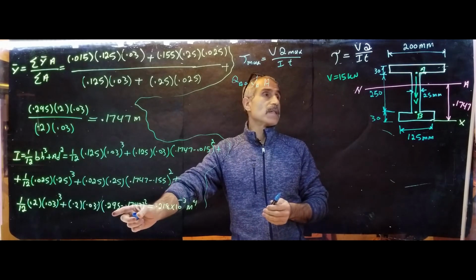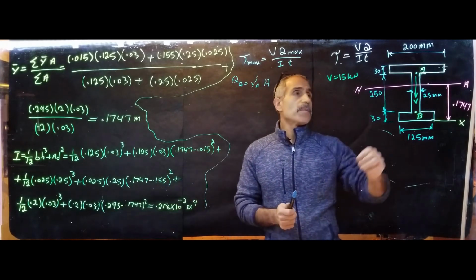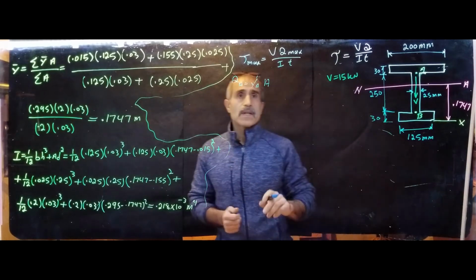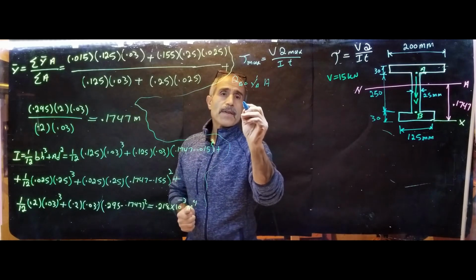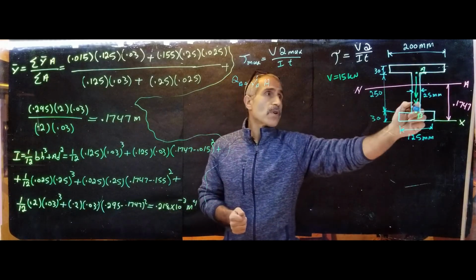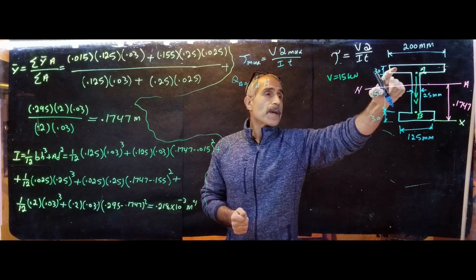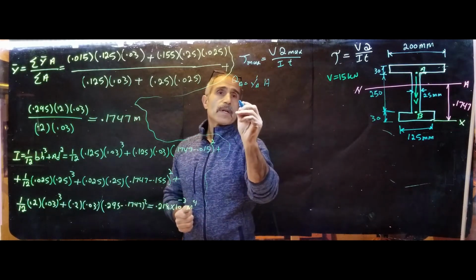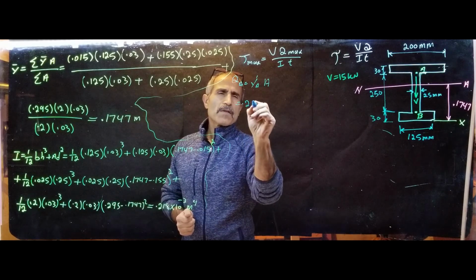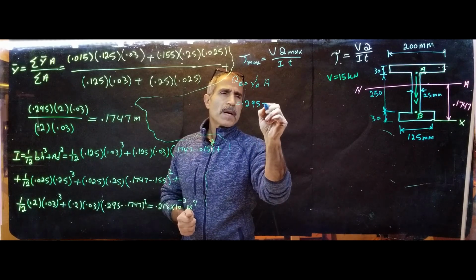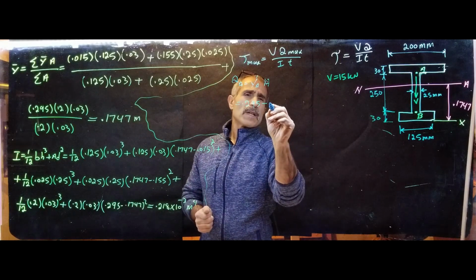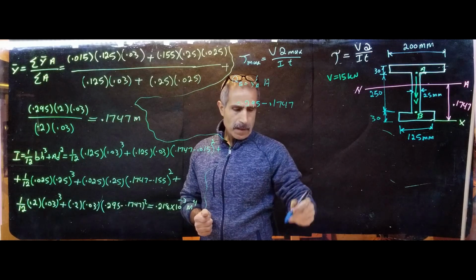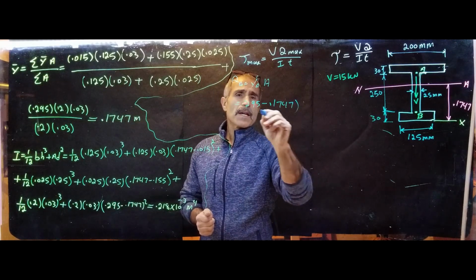It's the distance between the center of this area and the neutral axis. So that's my y prime A. We figured it was 0.295 to here, and up to the neutral axis is 0.1747. So it will be equal to 0.295 minus 0.1747, and that's times the area.